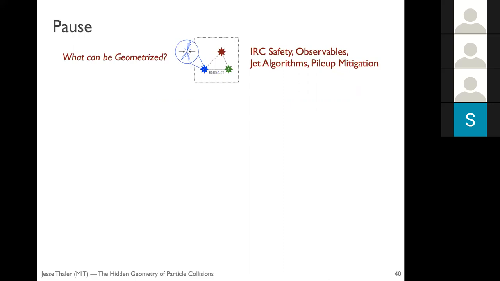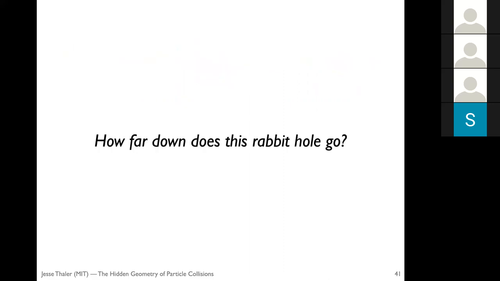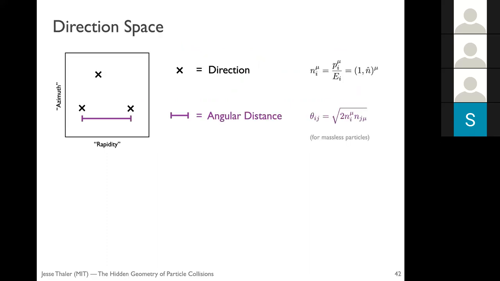Okay, so I want to spend the last 5 minutes just asking the question, how far down does this rabbit hole go? Hopefully this will be inspiration to you to think about incorporating these concepts into your own research. So we started off with direction space. We had directions in the rapidity azimuth plane, and we had a notion of angular distance between points.